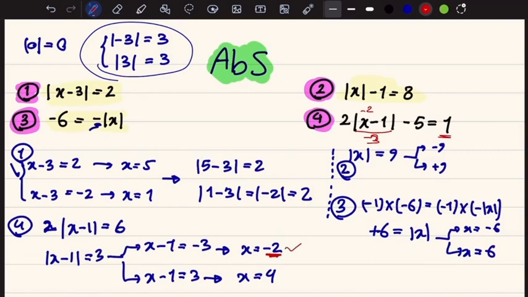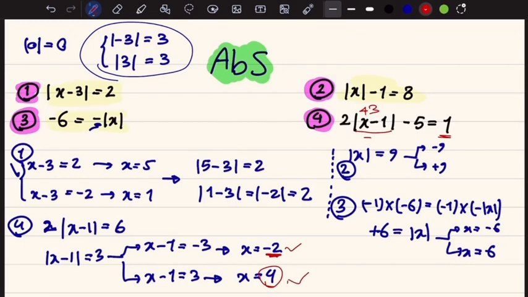And if you take the second one, which is 4 minus 1, 3, absolute value of 3 will be again 3, and then 2 times 3 is 6, minus 5 is 1. So this answer is also correct.